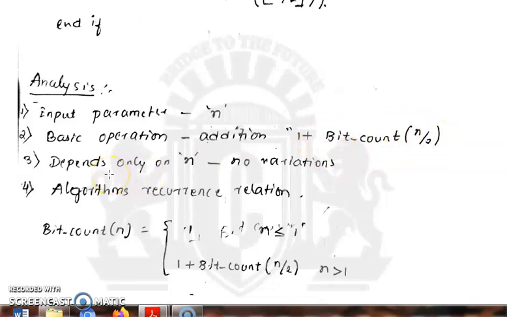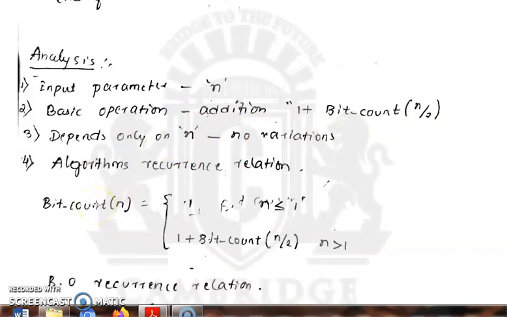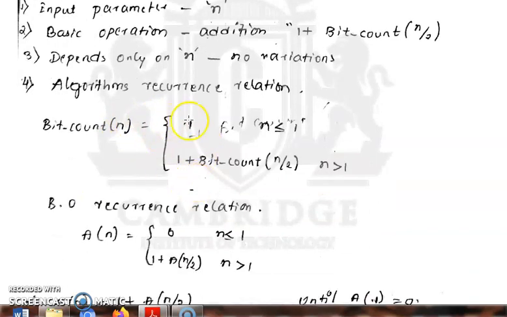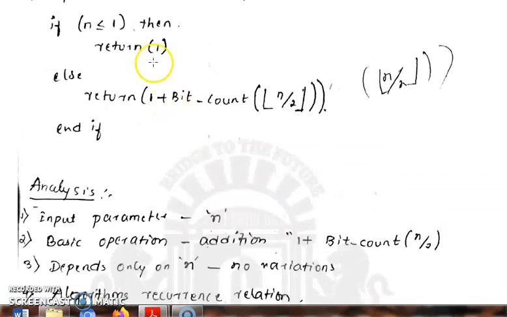Next is the third step, whether we are doing it for best case, average case, and worst case. No, because it only depends on the value of n. In the fourth step, we have to set up the recurrence relation for this algorithm. It will return 1 when n is less than or equal to 1, and otherwise it will return 1 plus bit count of n by 2.